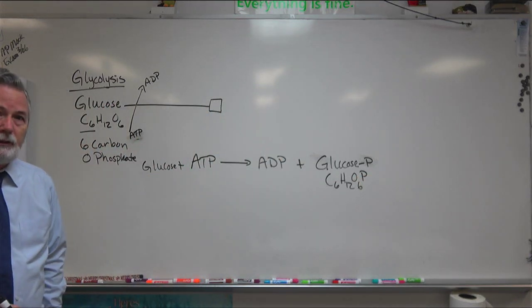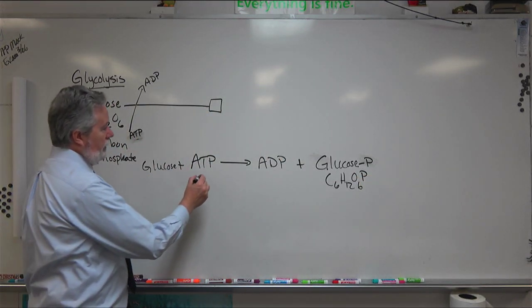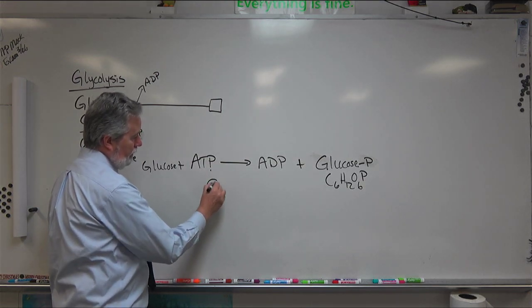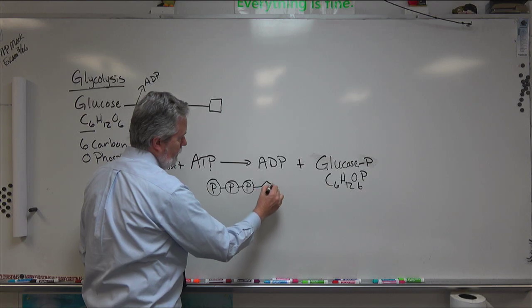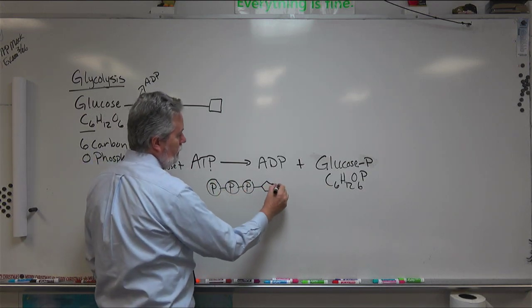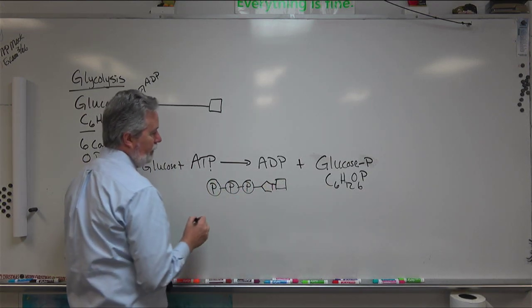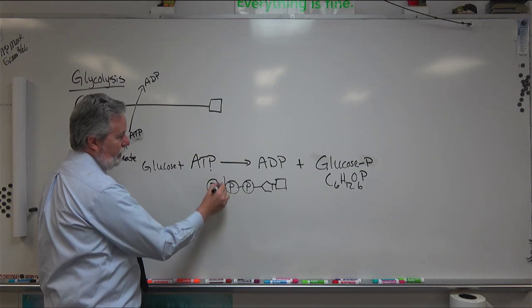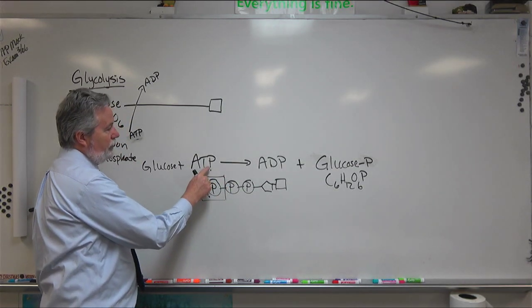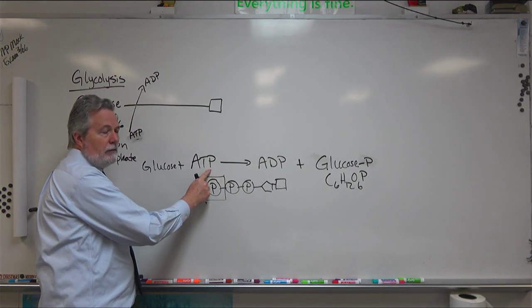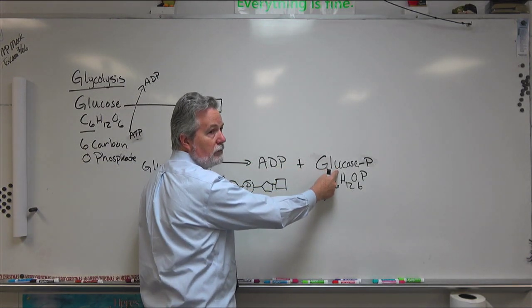Do you see what's going on? Okay. Phosphates carry energy. So here's my phosphates. There's my ribose. There's the adenine, the A part. So this is a chunk of energy. So I moved some energy from ATP to glucose.